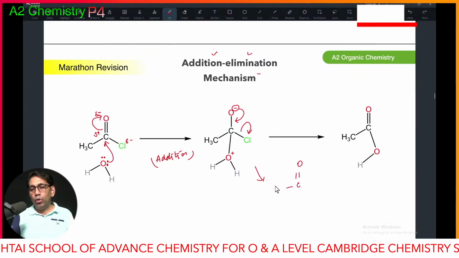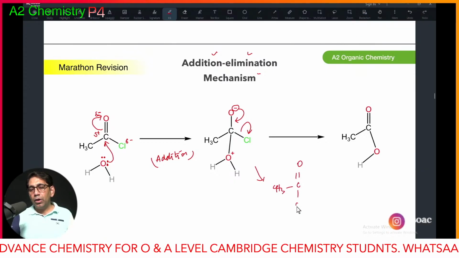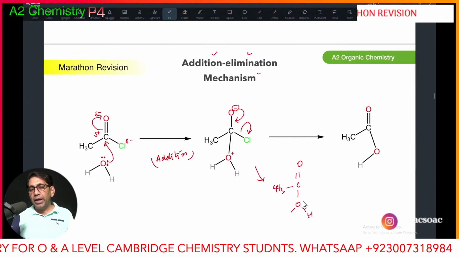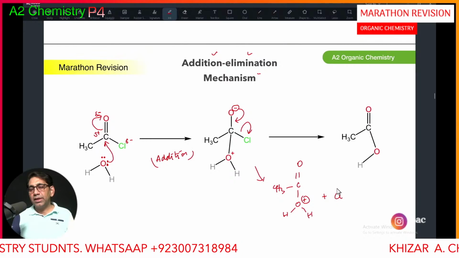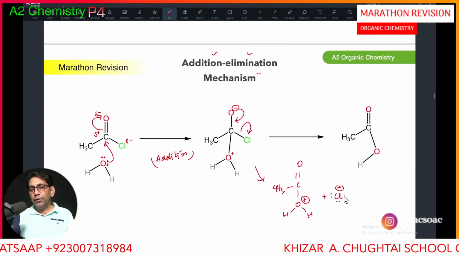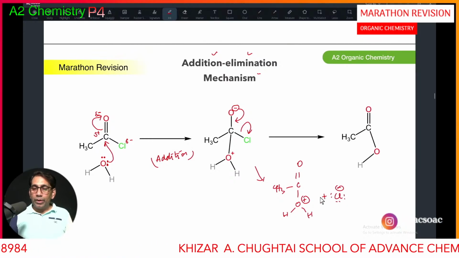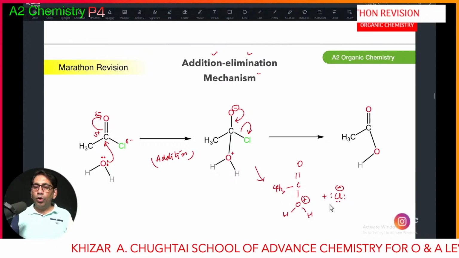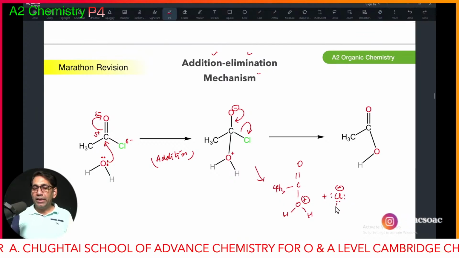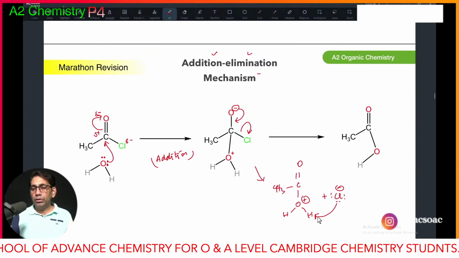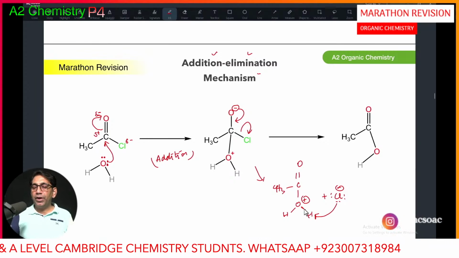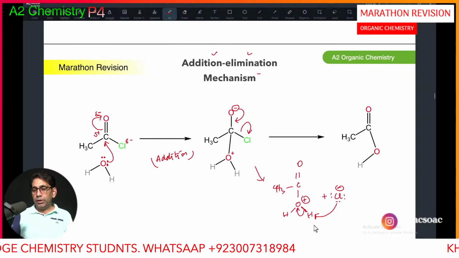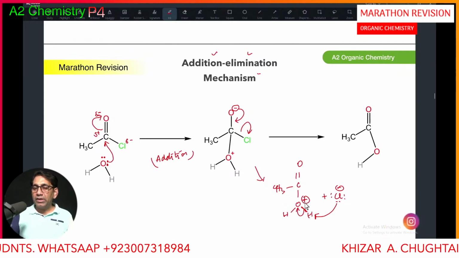But in fact, what is happening in this case, after this, its shape will be like that: C double bond O, CH3, O, H with a positive charge, and plus Cl negative ion that has 3 lone pairs as well. So in the next step, this lone pair will basically snatch this hydrogen, and this O-H bond is shifted back towards the oxygen atom. One positive charge was there initially.